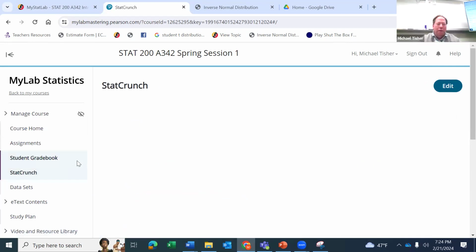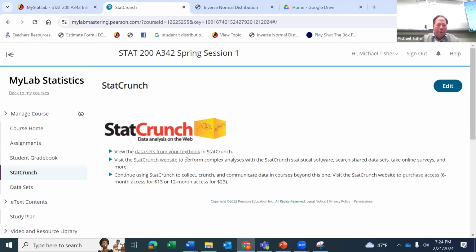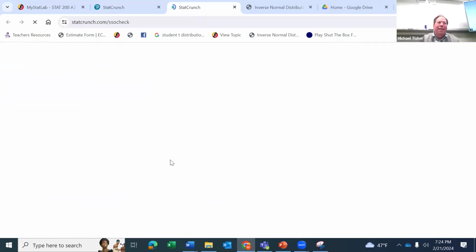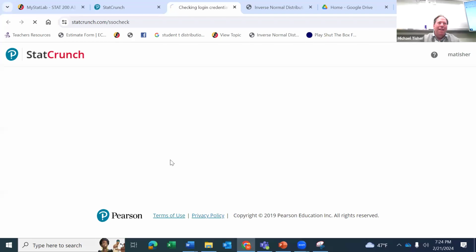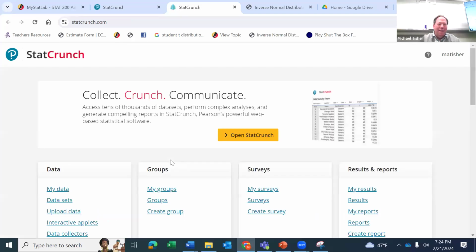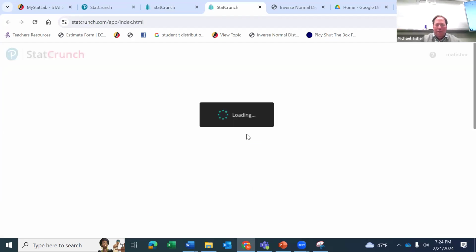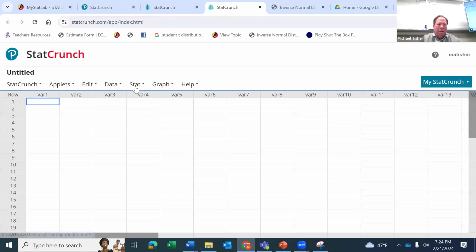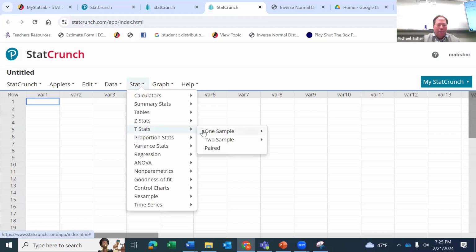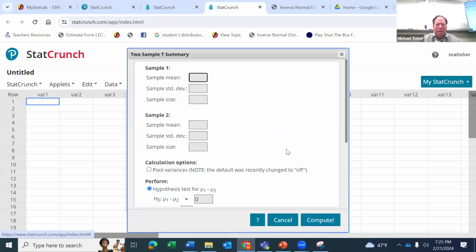All right, it kicked me out of StatCrunch, so sorry about this. Right. Okay, so we have stat and then T-stats, one sample. This time we'll choose with summary instead of data because we're given the mean and standard deviation, so we just put it in.